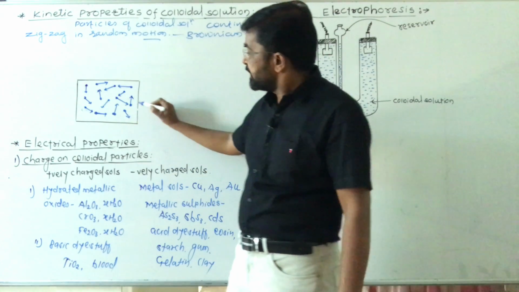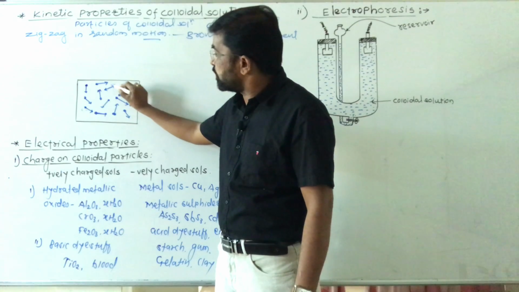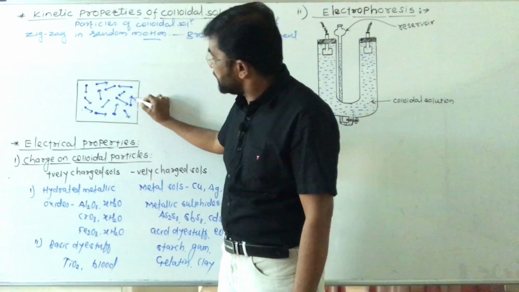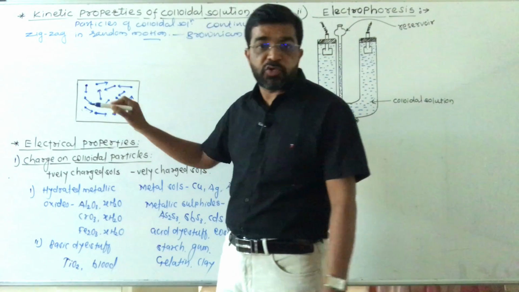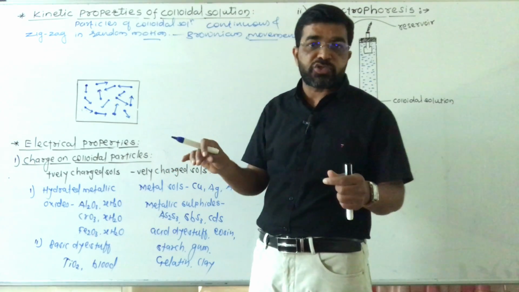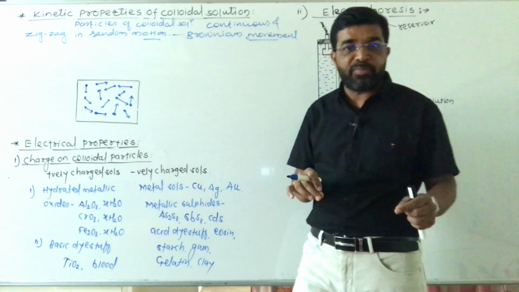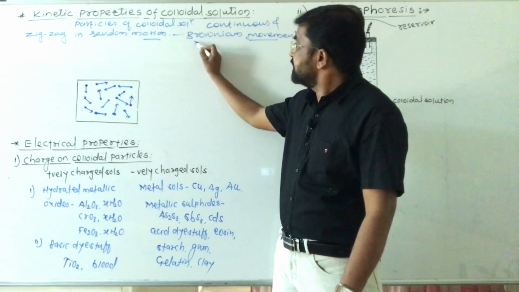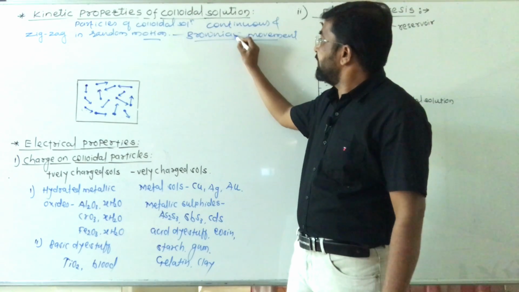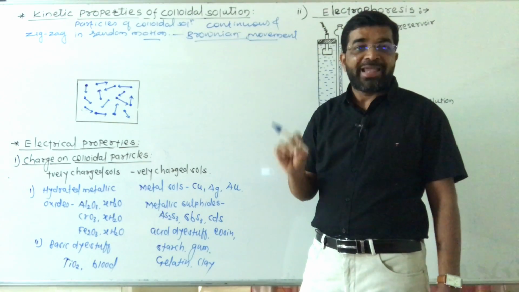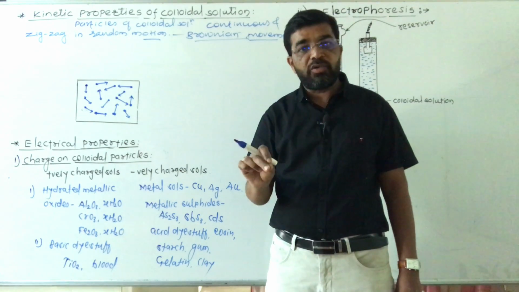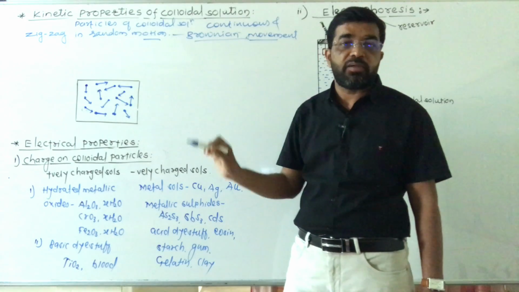So this zigzag motion of particles in random direction in colloidal solution is called Brownian motion or Brownian movement, as it was discovered by the botanist Robert Brown. So it is named the Brownian motion.